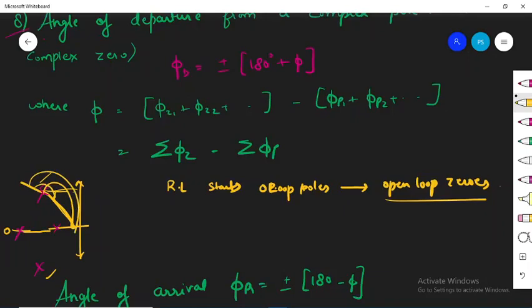So there can be various trajectories for this complex pole, but it's not like it can take any random trajectory. What the angle of departure means is that it is the angle at which your complex pole will depart.